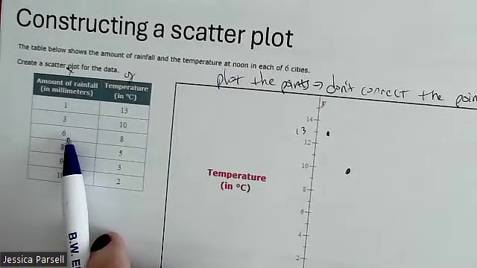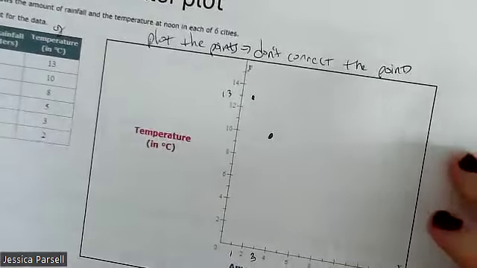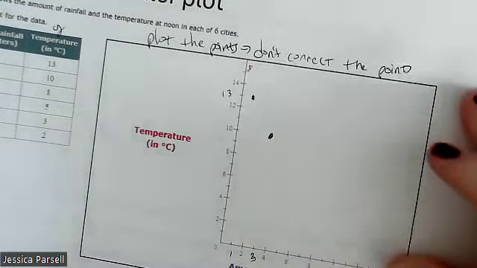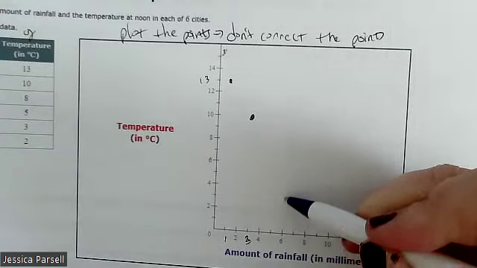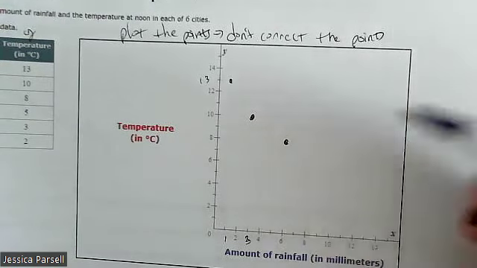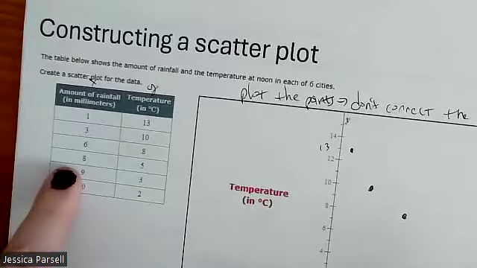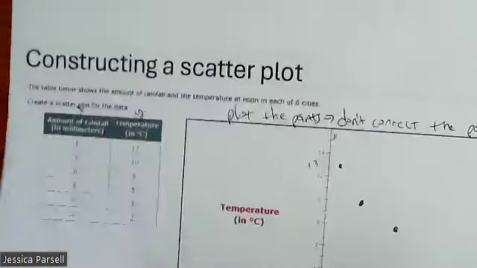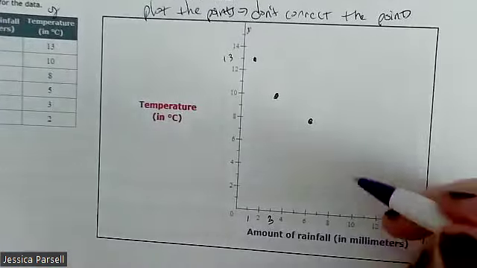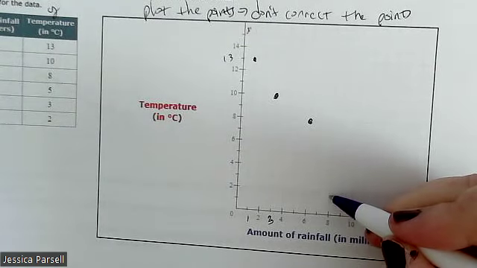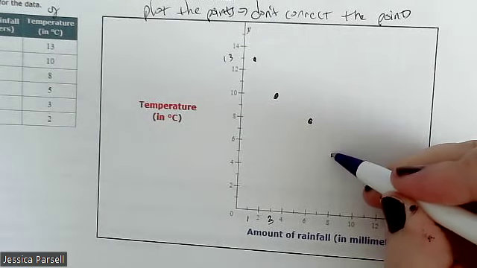At 6 millimeters of rainfall, the temperature was 8. At 8 millimeters of rainfall, the temperature is 5. So here's 8, temperature is 5.